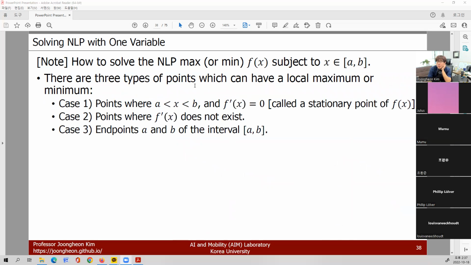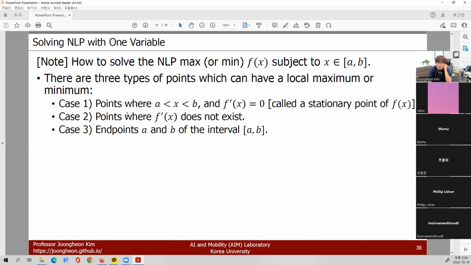And then there are three types of points which can have the local maximum or minimum. This is very straightforward. When you think about this one for just a few minutes, then you can understand everything, right? So for points between A and B, where there is some value at which the derivative is 0, there is a stationary point over there.